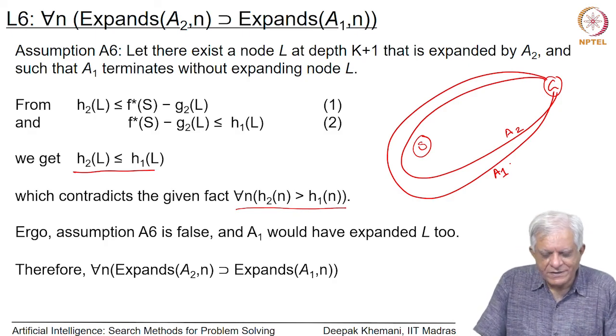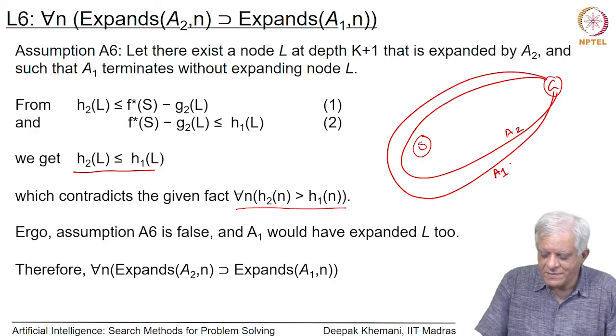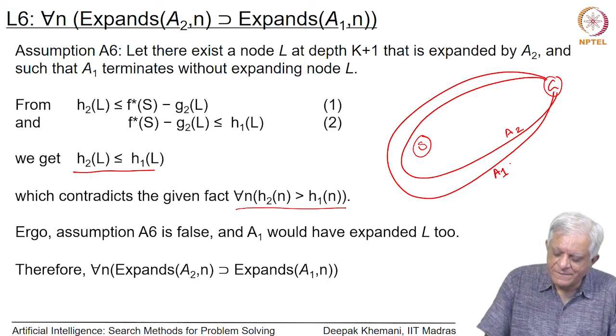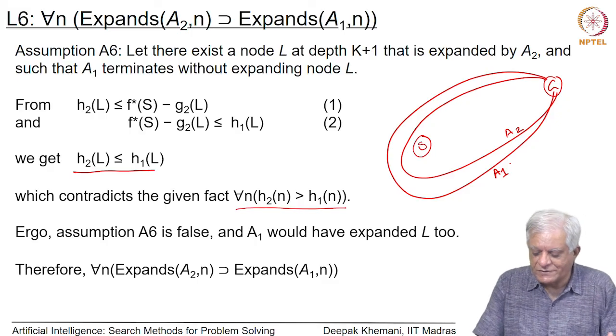Since A1 has seen more nodes than A2, it would have taken longer, and therefore, A2 terminates faster.